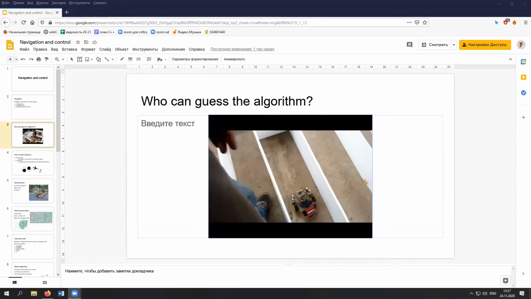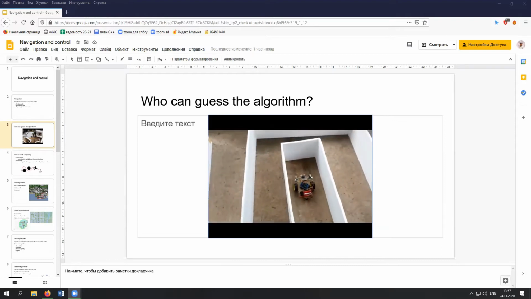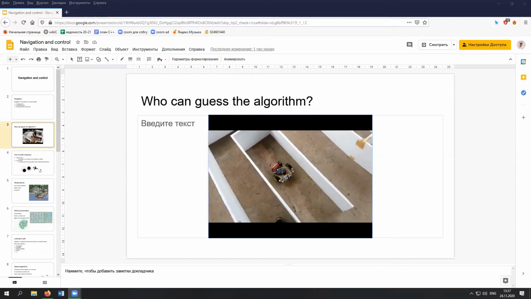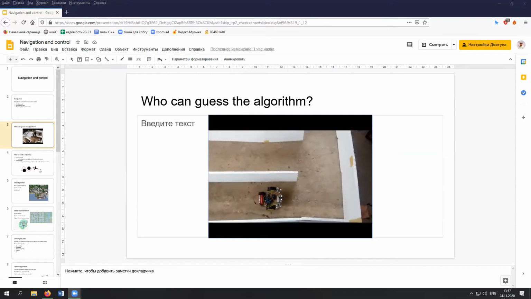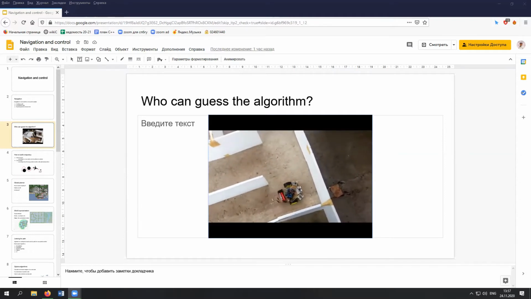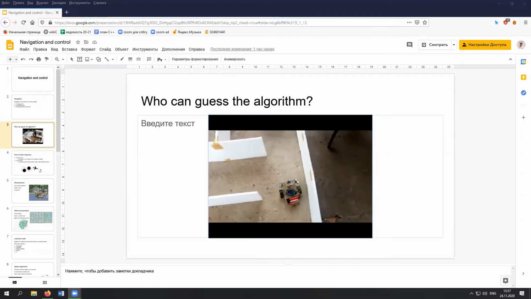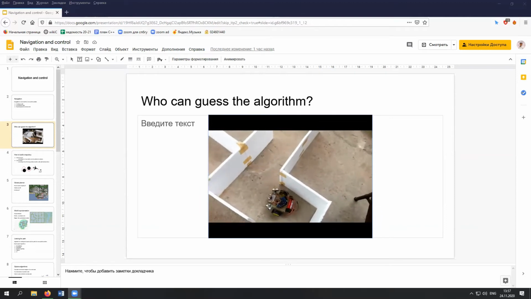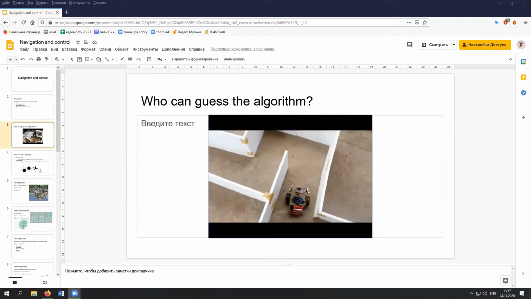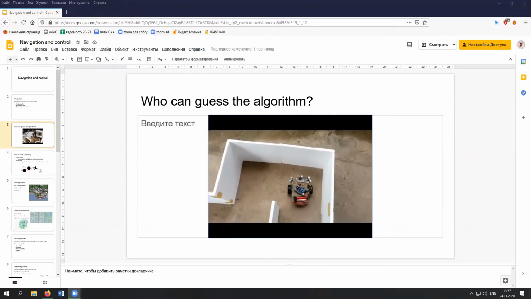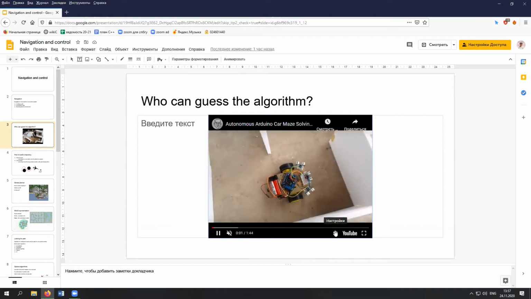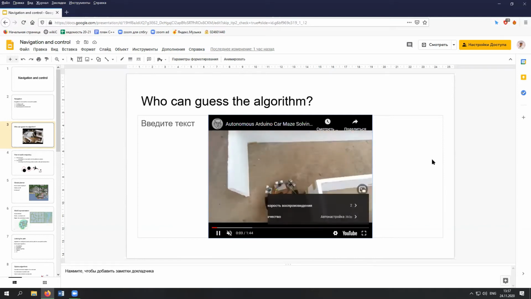How do you think the robot tries to solve the maze, the labyrinth? No ideas? Well, let me run it at twice speed.